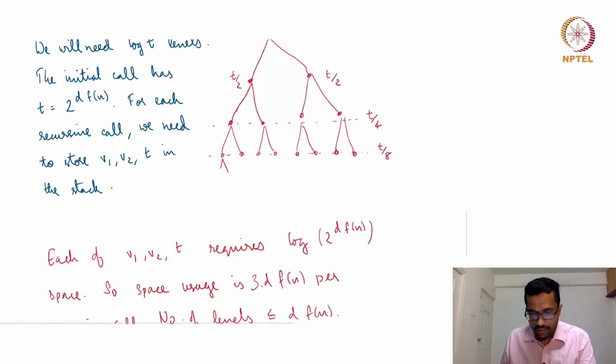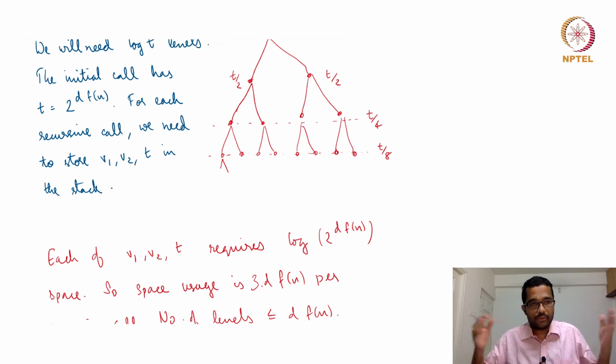And each one of these v1, v2, t, right, v1 is a name of a vertex, and there are 2 power d times fn vertices. v2 is also the name of a vertex, and t is also 2 power dfn. And to store this v1 or v2 or t, we need a bit string of length log of that, right?